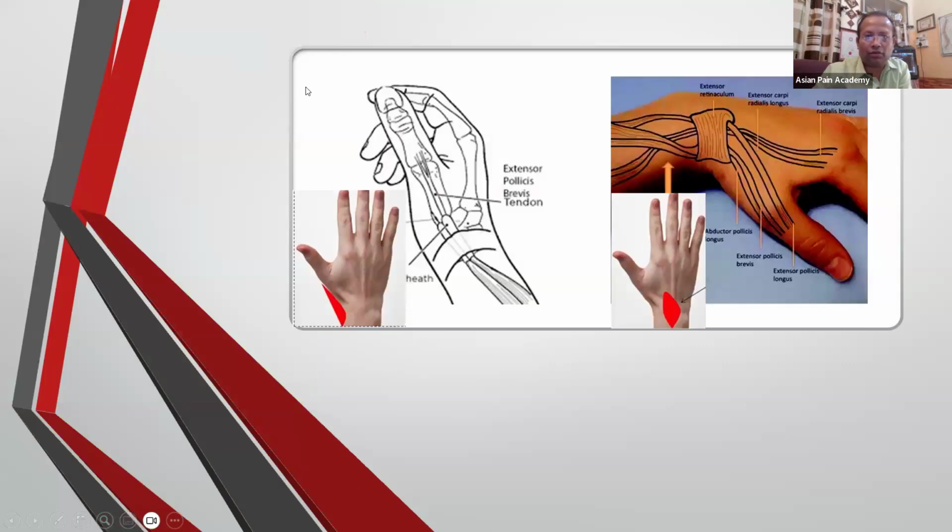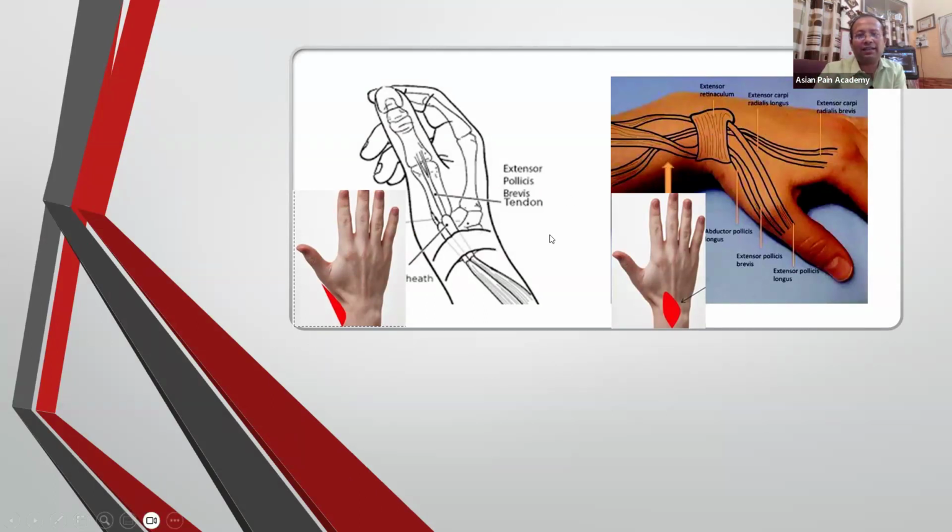Already we have shown it. As you understand, this is the extensor carpi radialis brevis. The second compartment is like that, and the 3rd and 1st compartments are also traversing them in some way. When a patient comes to you, this is the presentation for de Quervain tenosynovitis. On one side, you can palpate, and there is always a pinpoint pain.